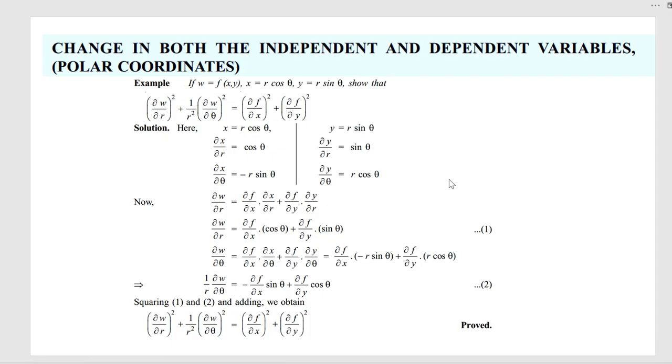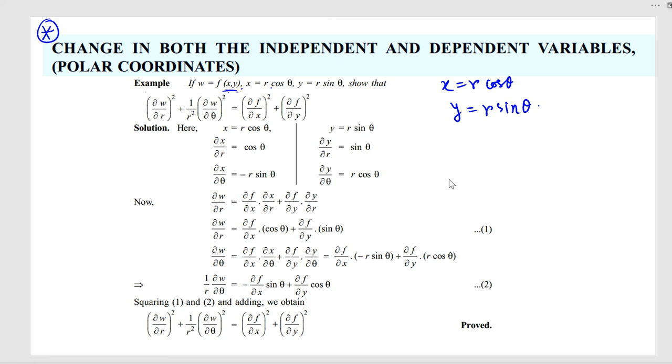Now if you look at polar coordinates, this is also a simple case. For polar coordinates, we'll write x equals r cos theta and y equals r sin theta. Now w is a function of x comma y.